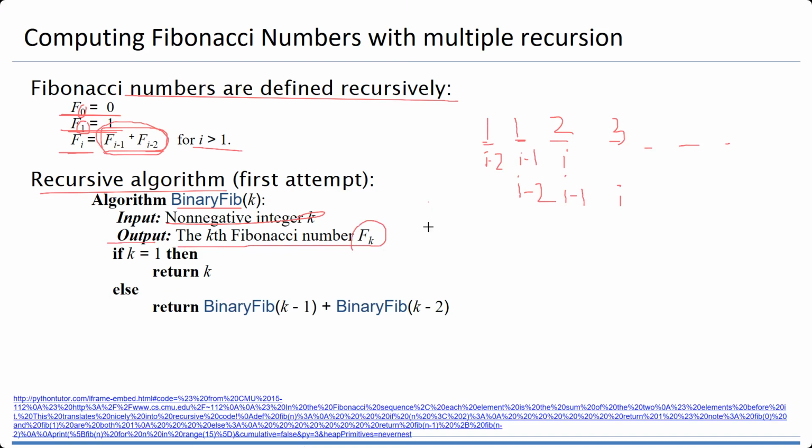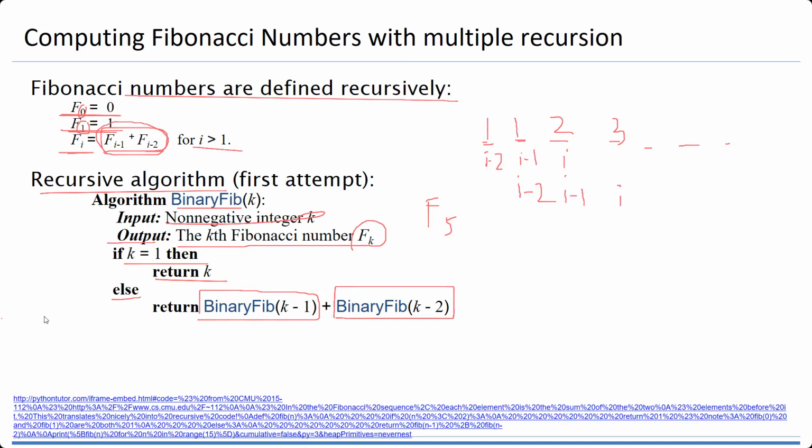If I have 5, then I want to get the 5th Fibonacci number. If k equals 1, then return k. Otherwise, let's do k minus 1 plus k minus 2.